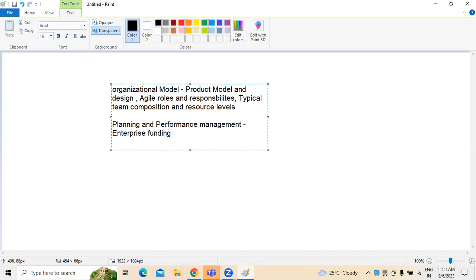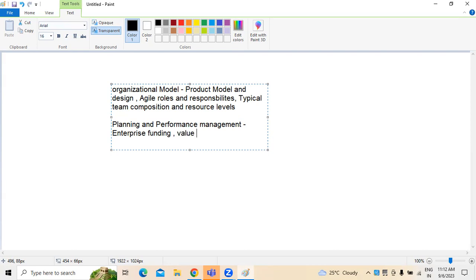Enterprise funding is one of the key and prominent elements which we have to know, because enterprise level transformation requires some funds to be used for the transformation purpose.